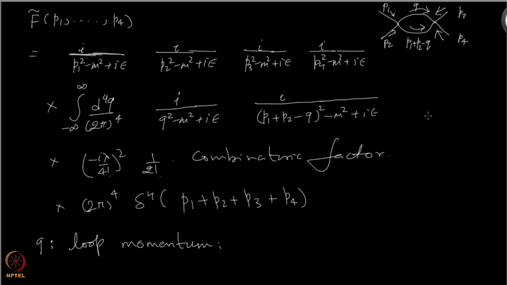But if you are looking at a diagram which was having more than one loop, so let's say a 2 loop, for example, if you look at a 2-point function, okay, like this.